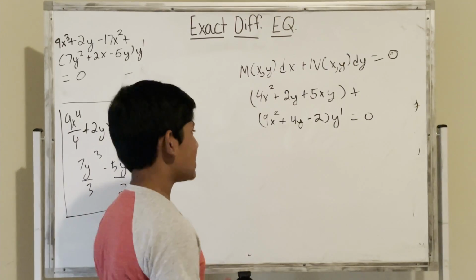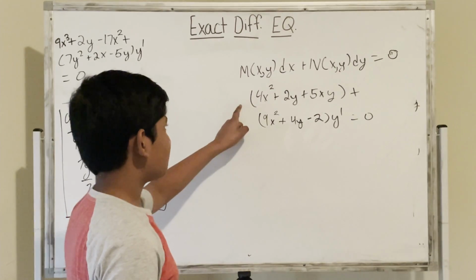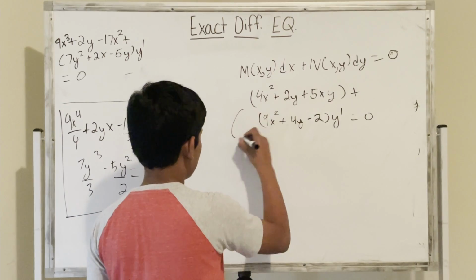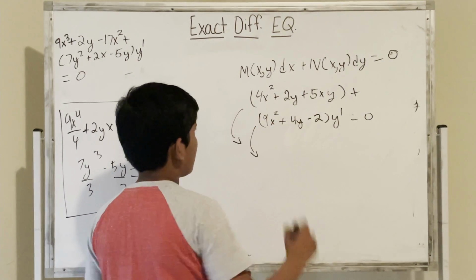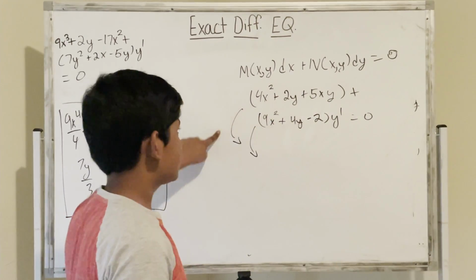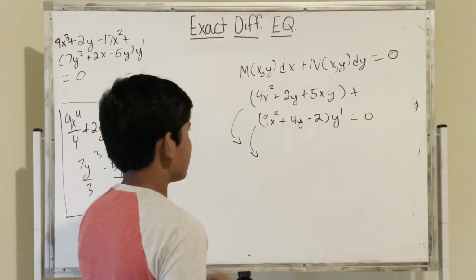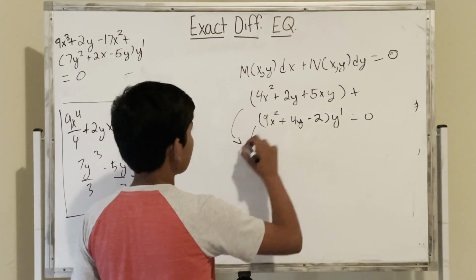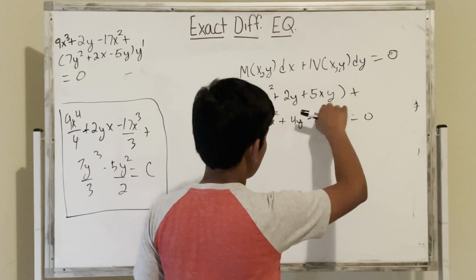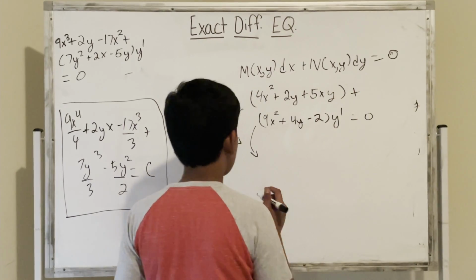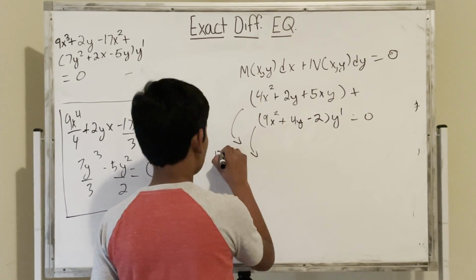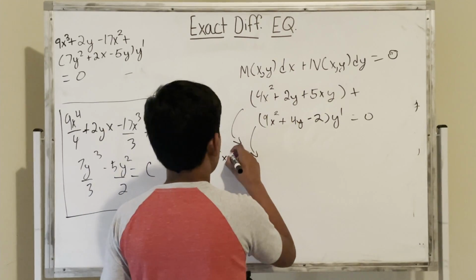Well, to test for exactness, what we first do is take the partial derivative on top with respect to y, so we'll get 2, and then the derivative of 5xy will just be 5x, so we get 5x plus 2.